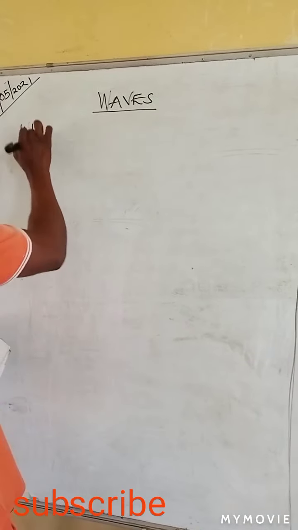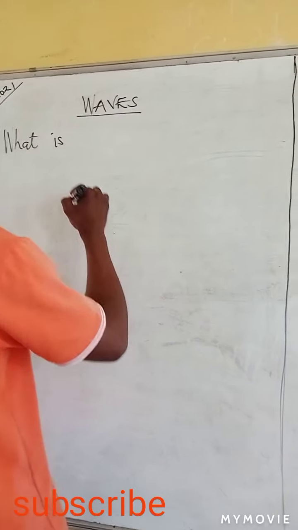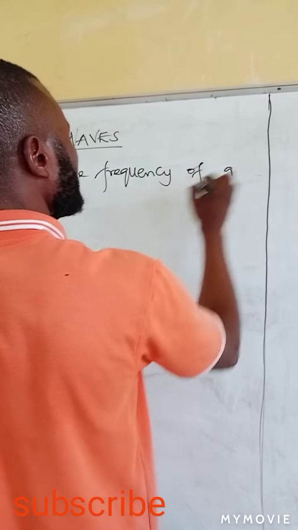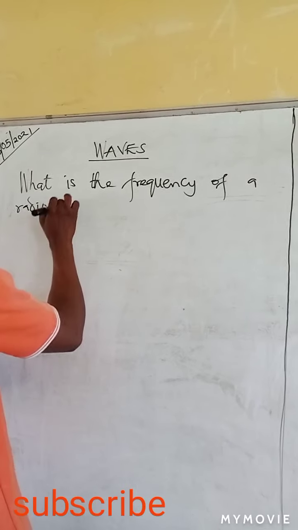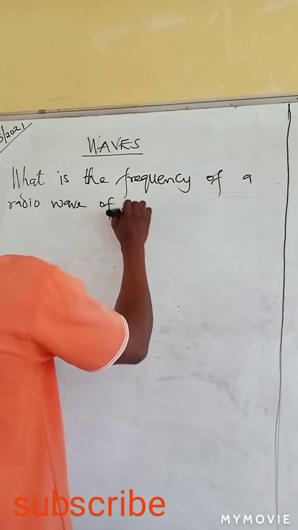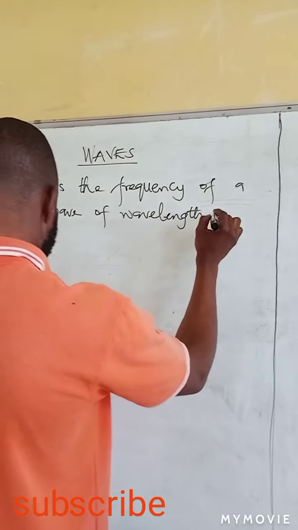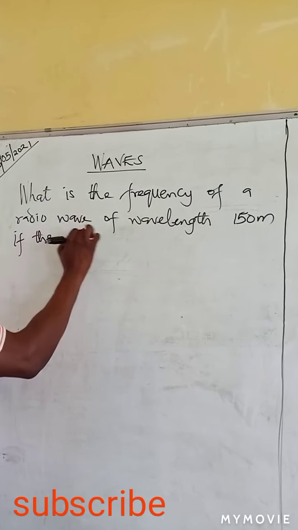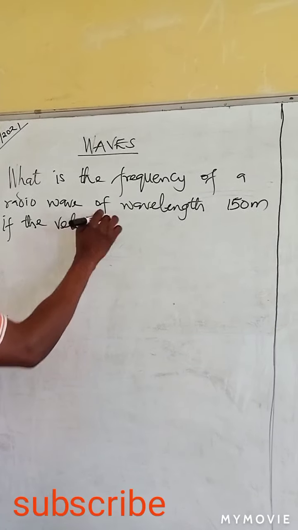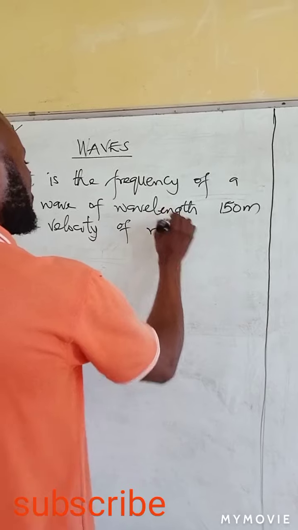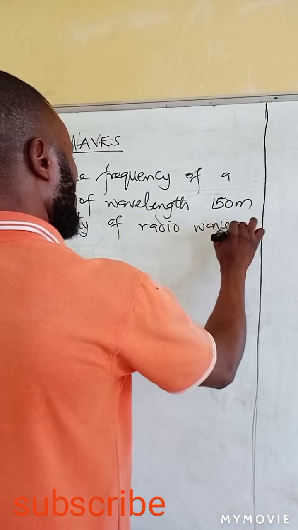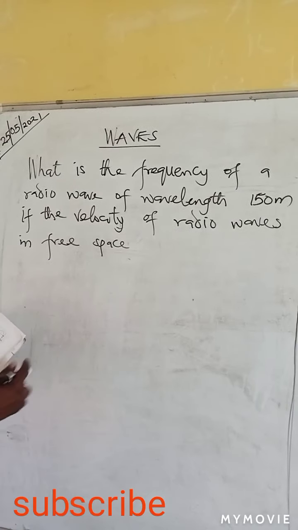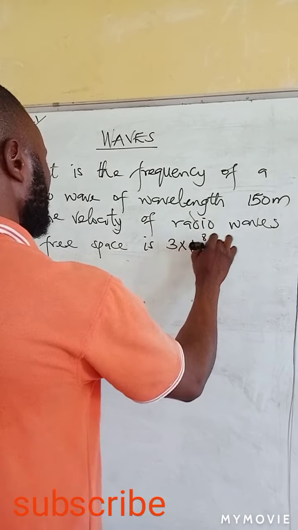What is the frequency of a radio wave of wavelength 150 meter, if the velocity of radio waves in free space is 3 times 10 raised to power 8 meters per second.